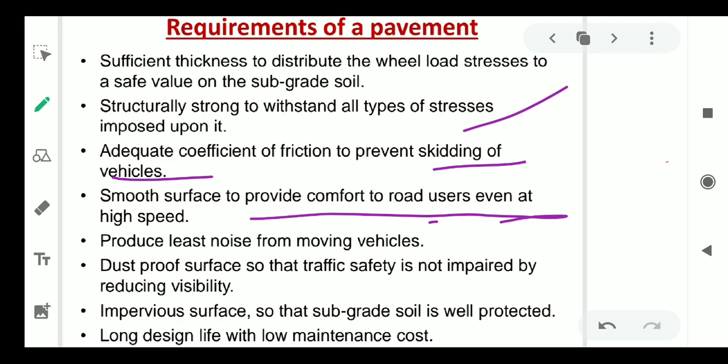Another one, produce least noise from moving vehicles. It is also an important parameter that the materials you are going to use in construction of the pavement should produce least noise.